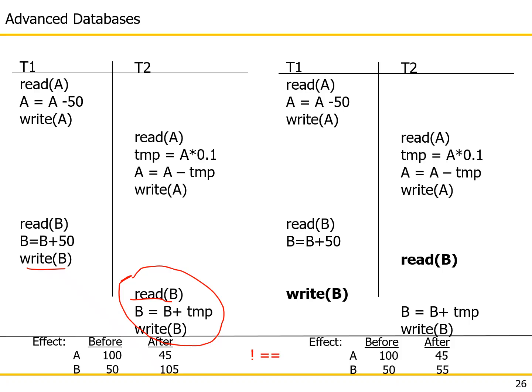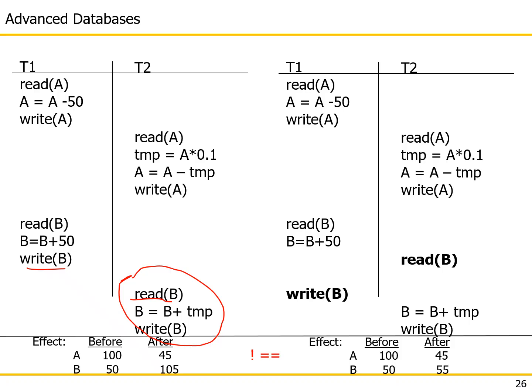If you look at the schedule on the left-hand side, it says read B, B equal to B plus 50, write B, and then the context switch happens. Now we go to T2, read B, B equal to B plus 10, and then write B. I will have it marked here. So you see, the read B happens after this write on the left.